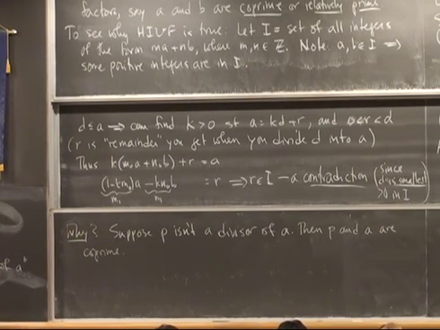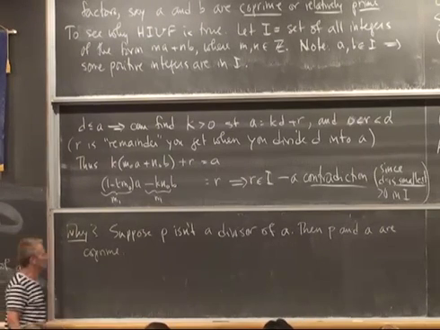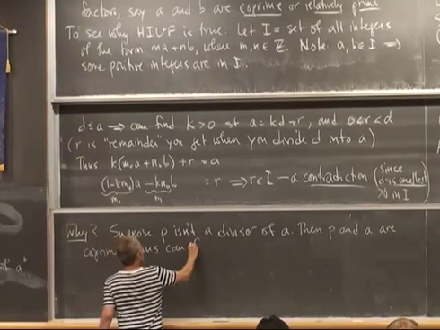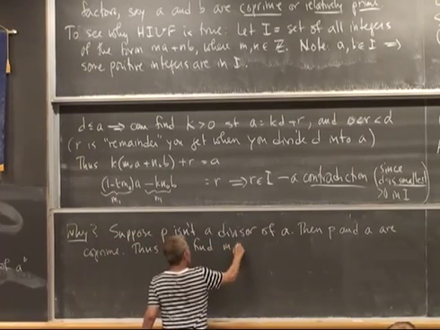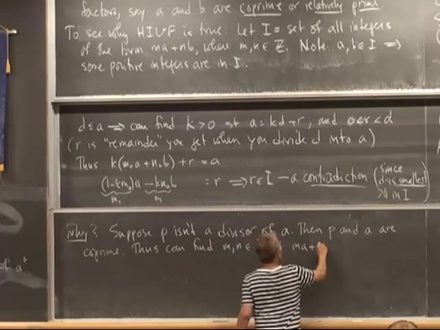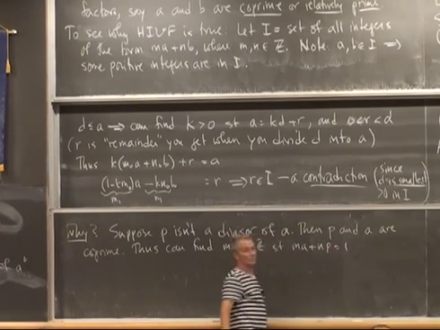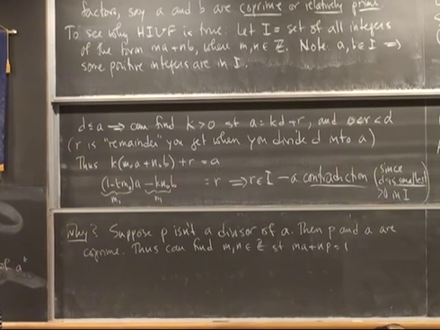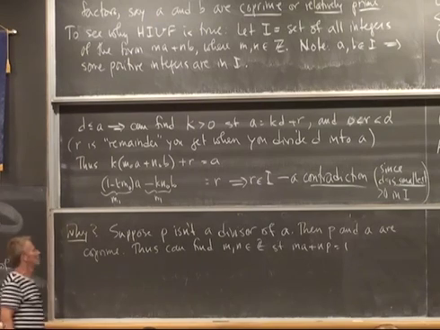Okay. So anyway, suppose P isn't a divisor of A, then P and A are co-prime. That means you can find integers m and n such that ma plus np is equal to 1. Now what do we do? We multiply both sides of that equation by b.